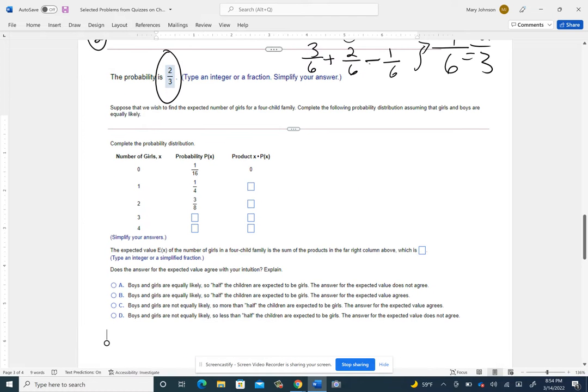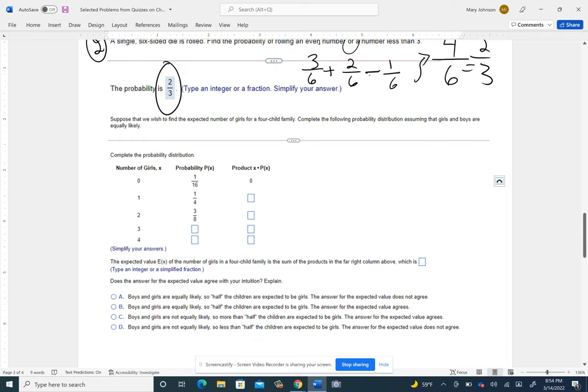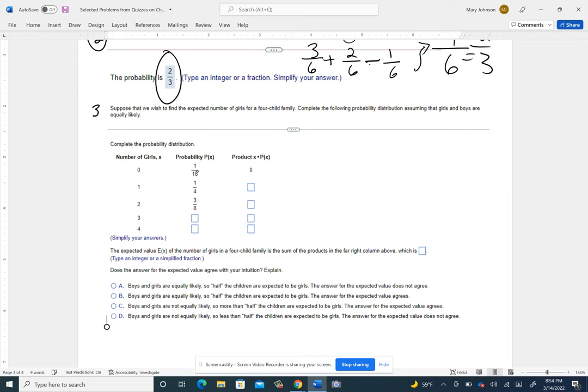Now, the next problem, so this would be the third one from the chapter 11 set, is finding the expected number of girls in a 4-child family. So we could go through and make a list of all the possibilities by doing the tree.